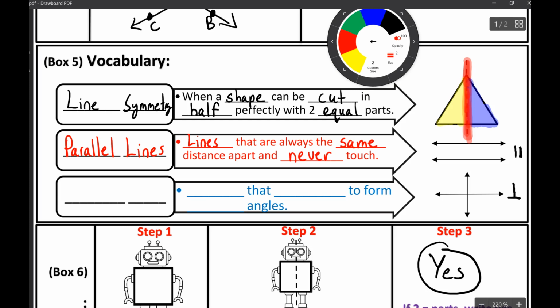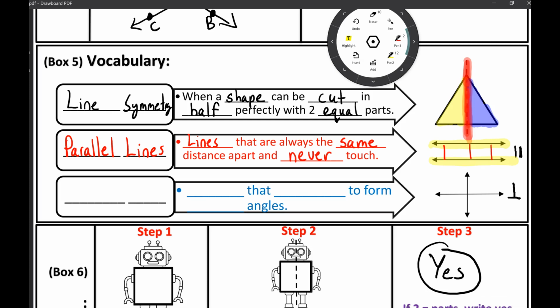For example, I have these two lines right here, one line right here, one line right here. These lines will always be the same distance apart. For infinity, these lines go on forever and ever, and no matter how much they go on, they will never touch.